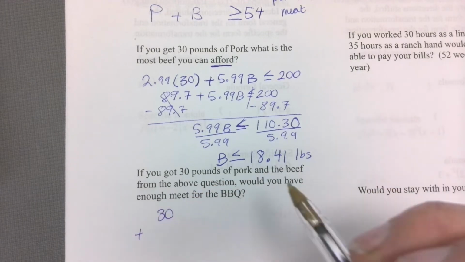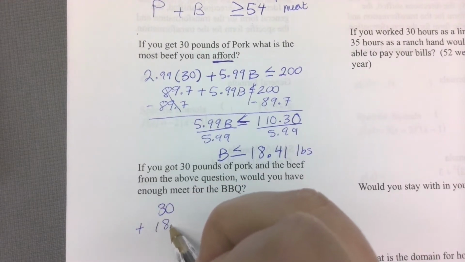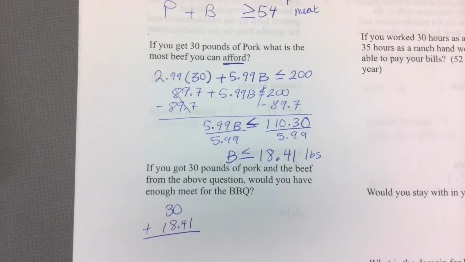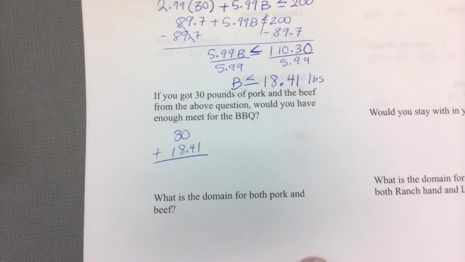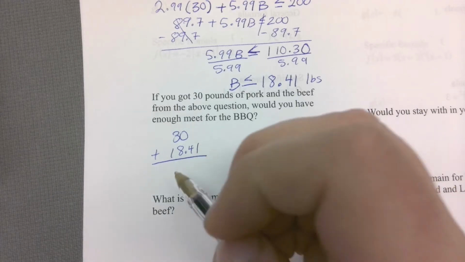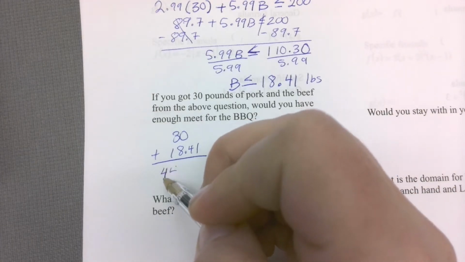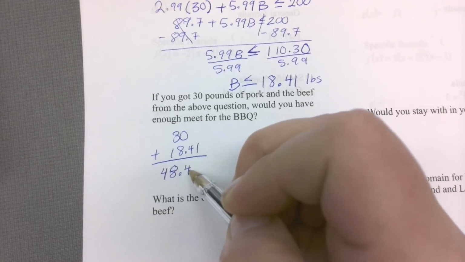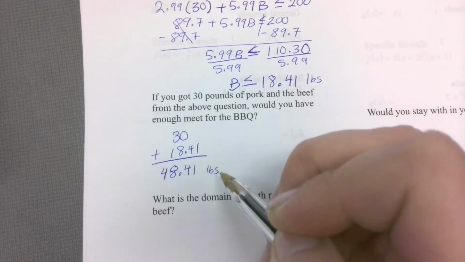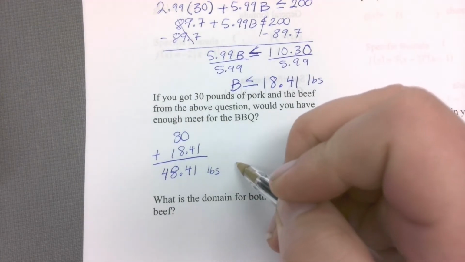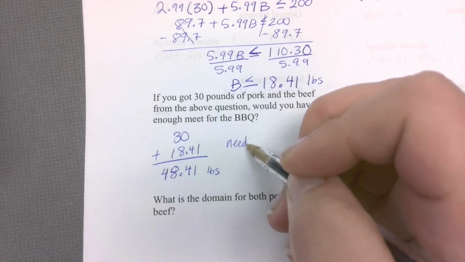How much beef did we get? 1841. How much meat is that total? That's how many pounds? Is that enough? How much do we need?